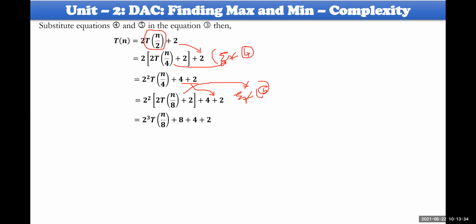So 2 square, so 4 into 4 is 8, and this will be taken as it is here. Now let us consider this particular equation. Consider these values in the form with respect to 2 powers: 2 cube, 2 square, and 2 power 1. Then evaluate this one. Let us consider this is equation number 6.